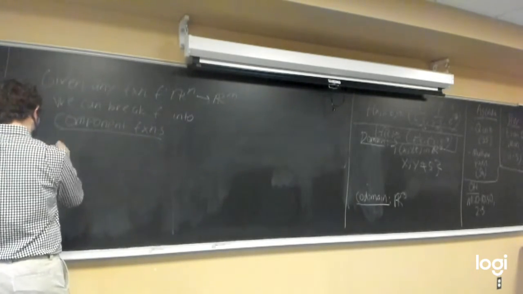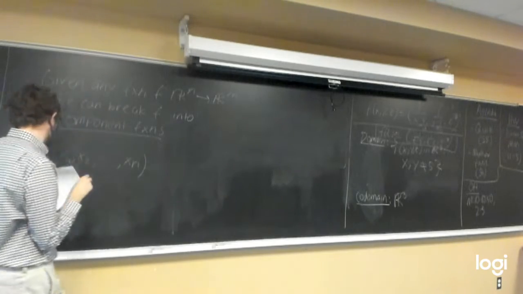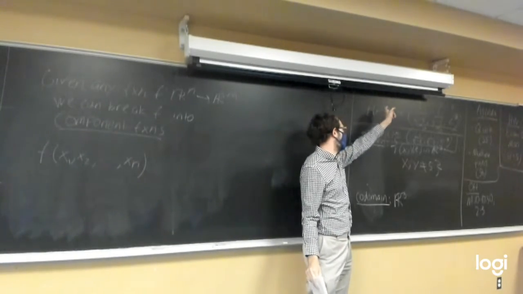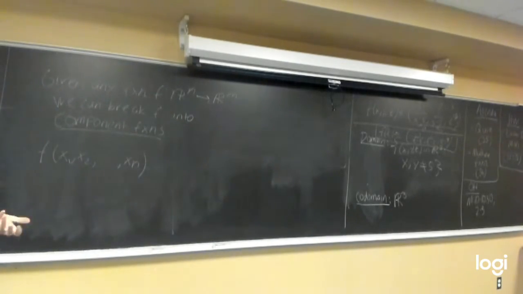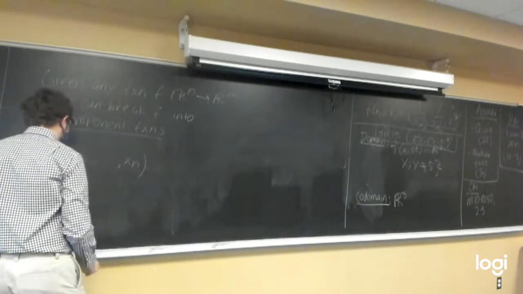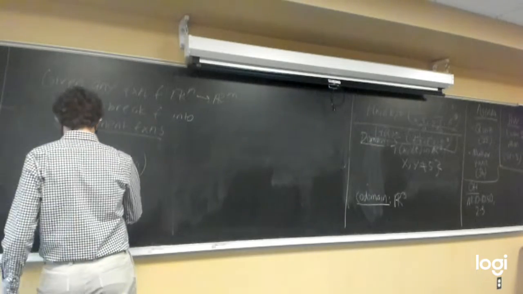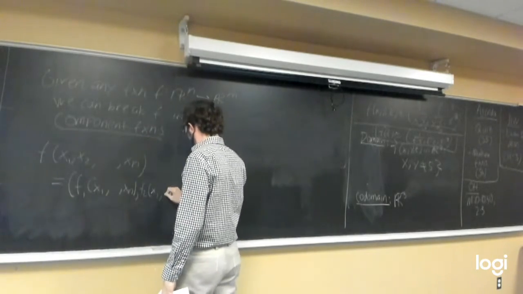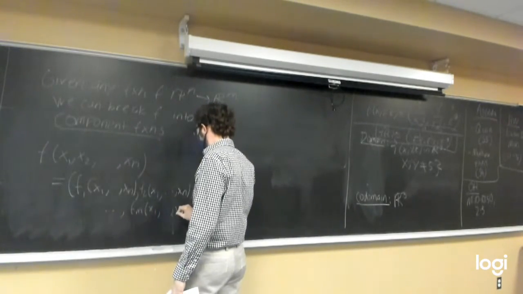The idea is that if you have an n-dimensional input, so an f of x1, x2, up through xn, we can always take our vectors and split them up so that our outputs have m dimensions, and each of the functions corresponding to the m dimensions of the output is going to be one of our component functions: f1 of x1 through xn, f2 of x1 through xn, all the way up to f sub m of x1 through xn.